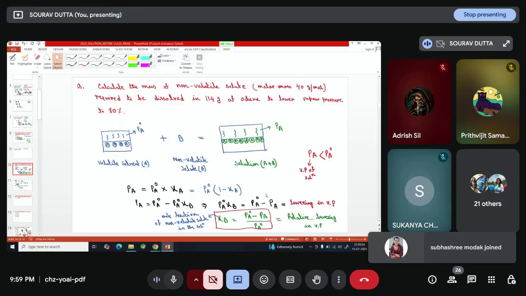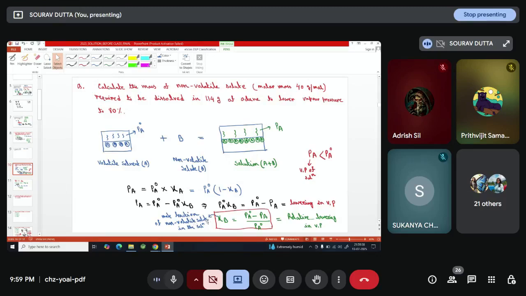The lowering in vapor pressure, when divided by the pure state vapor pressure, gives the relative lowering in vapor pressure, which is directly equal to the mole fraction of the non-volatile solute in the solution. So PA naught minus PA by PA naught equals XB. This is relative lowering of vapor pressure. This is another Raoult's law, in respect of relative lowering of vapor pressure. This is very, very important.